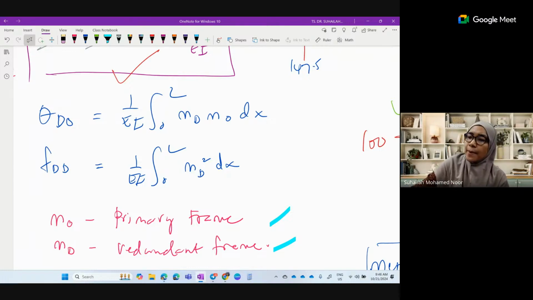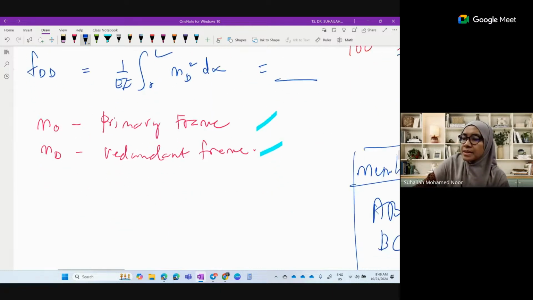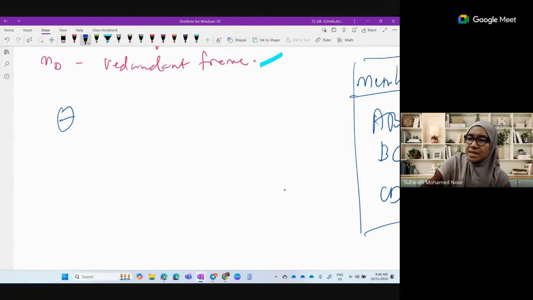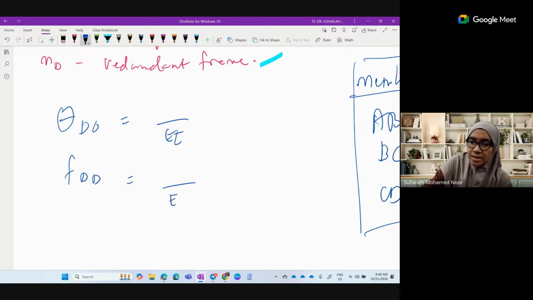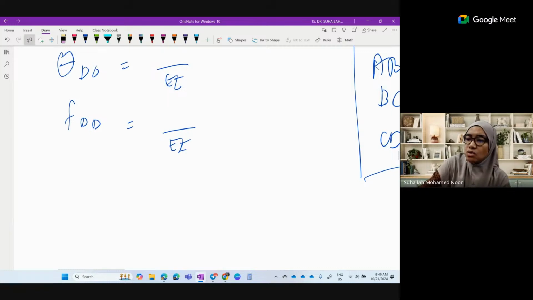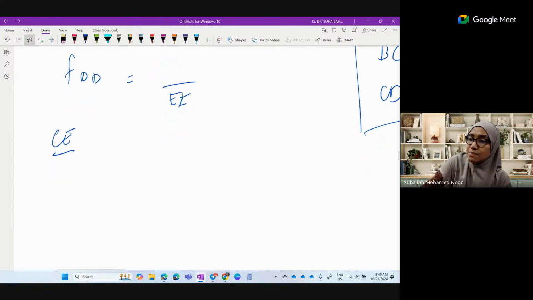Once done, you will get theta D naught and F dd, in terms of EI. Then put them into the compatibility equation, also in terms of EI.